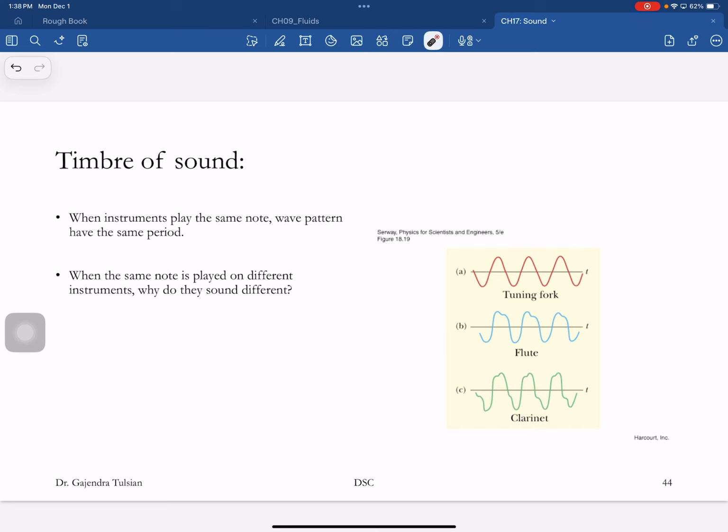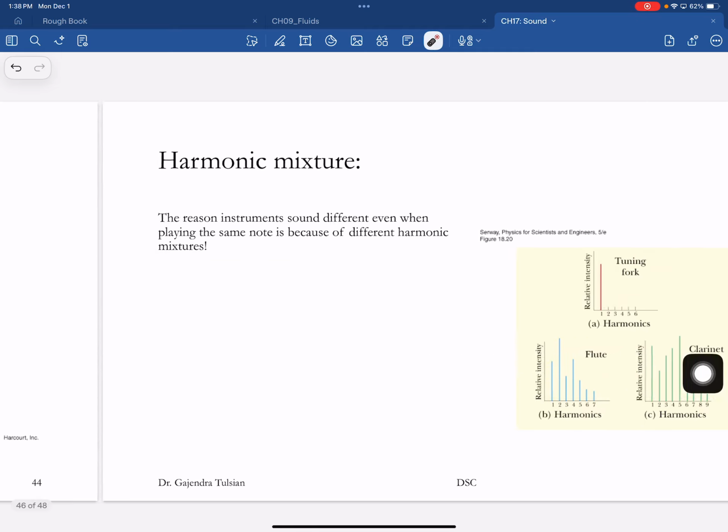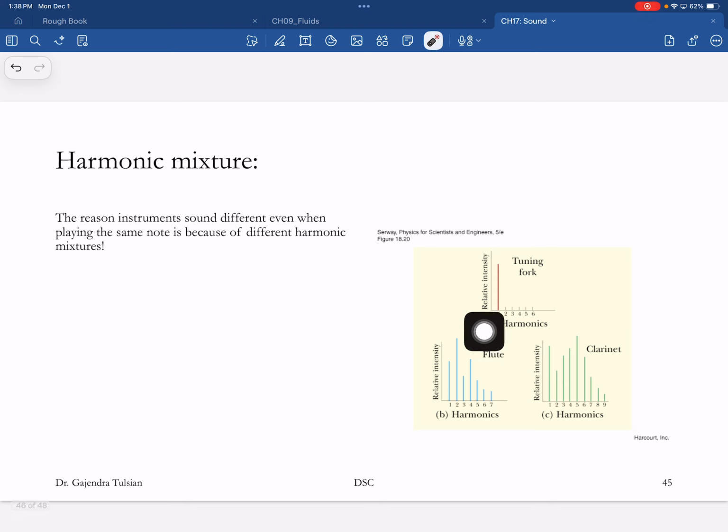So here's a pure tone. So let's say this is C, and this is a flute playing C. A C note has a certain frequency, a clarinet playing a C note or whatever. So you can obviously see the difference in the waveform. So the difference is the following. If you do the harmonic analysis or the Fourier transform, the tuning fork has a single frequency.